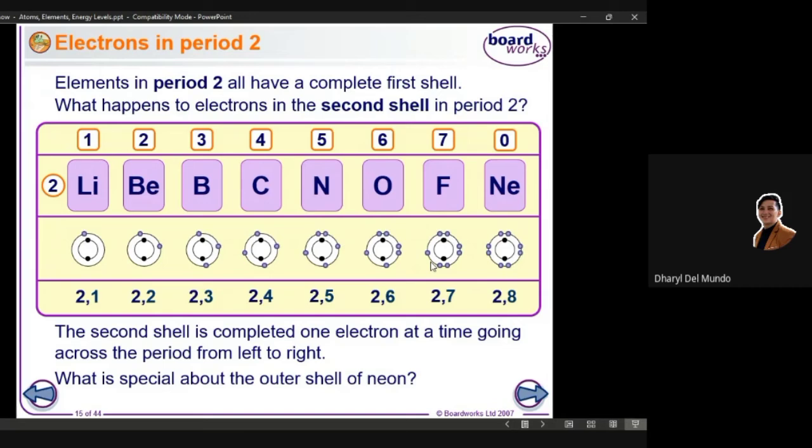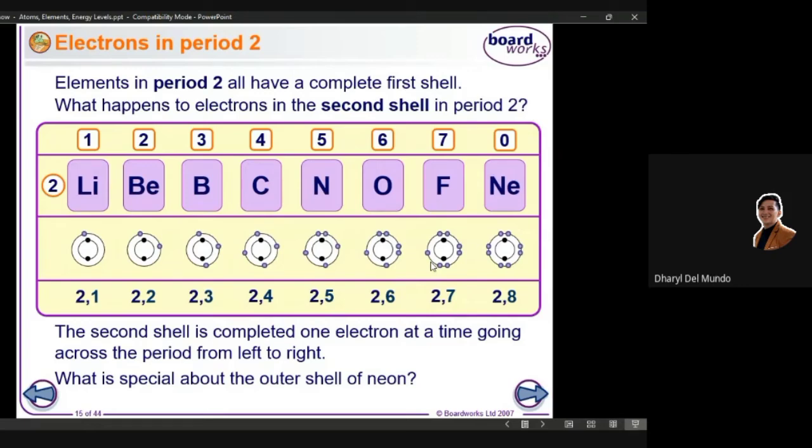When we talk about the octet rule, 8 maximum electrons in the valence shell is the stable state. It's like when you have 8 valence electrons, that's your stability. It's like when you are a very successful businessman, you have a car, you have a family, you have everything in life.